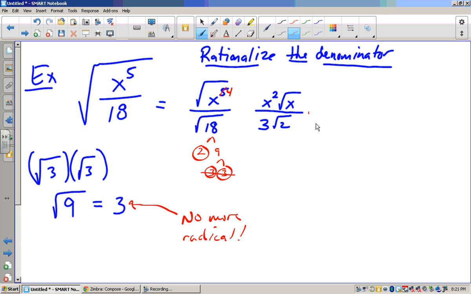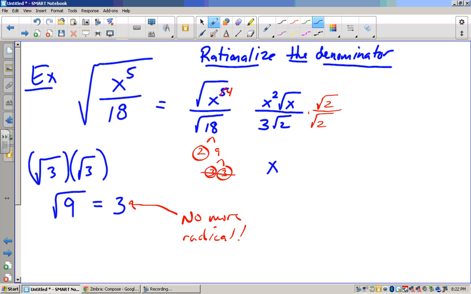So if I multiply the bottom by the square root of 2, the square root of 2 times the square root of 2 is going to cancel out and give me 2, just like here. Square root of 3 times the square root of 3 was 3. So I'm going to take that same understanding, but now I need to balance it out. Since I did that in the bottom, I need to also do it in the top. And I get 2.